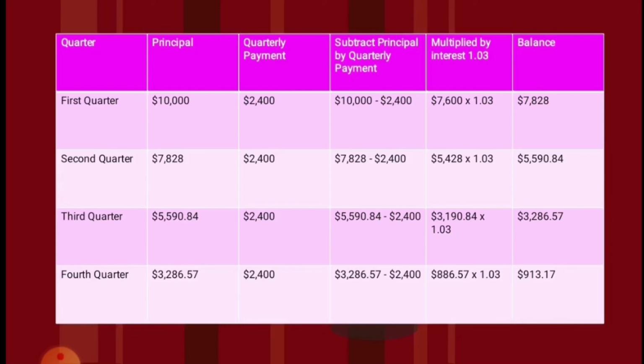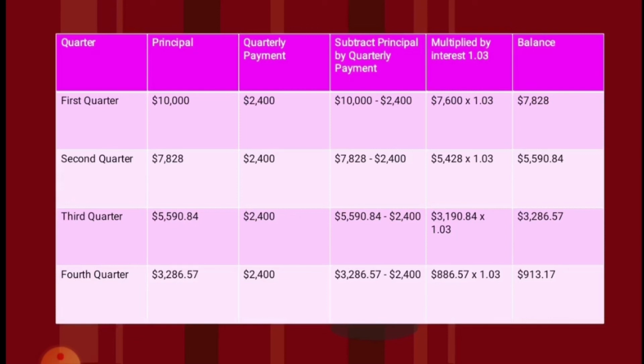And the same process, we subtract $3,286.57 by the quarterly payment 2,400, and then by subtracting, we get a difference of $886.57, and we multiply it by 1.03, and it gives us a result of $913.17.